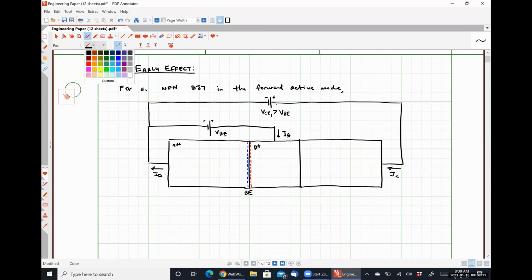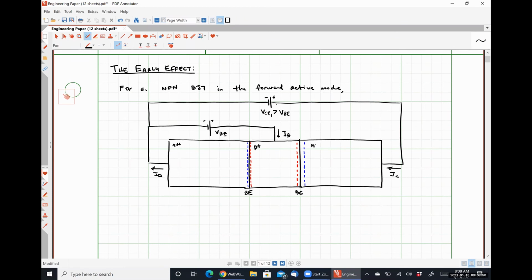And in this case, we have a larger region of negative charge stored on the P side of the base collector junction, and then a relatively large region of positive charge stored on the N side of the base collector junction. And as a reminder, this side is doped N.